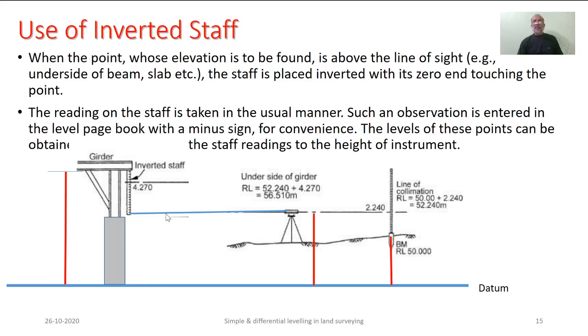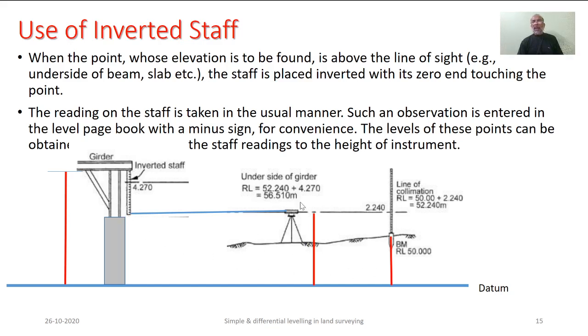So here, we go for an inverted staff. Try to understand, here there is a certain girder. So, instead of keeping the 0 of the staff on the ground, that particular 0 of the staff is kept flush with that particular girder. Hence, now this particular staff is in its inverted position.